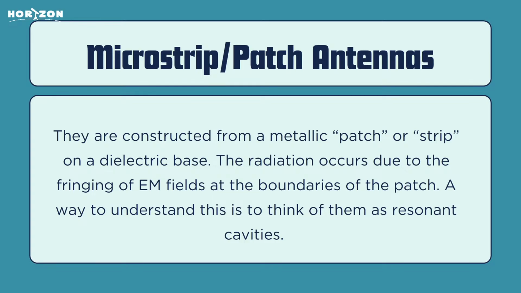In your electromagnetic study, you would have noticed that almost all equations are nice and smooth when we are talking about a bulk material, and whenever we come to an edge, we sometimes use a different kind of equations, which are called boundary equations or something. So the radiation or receiving in these antennas occurs at the boundaries due to fringing of EM fields, and we can think of this as resonant cavities.